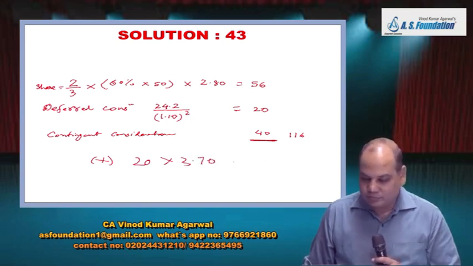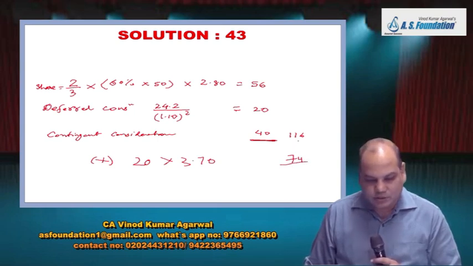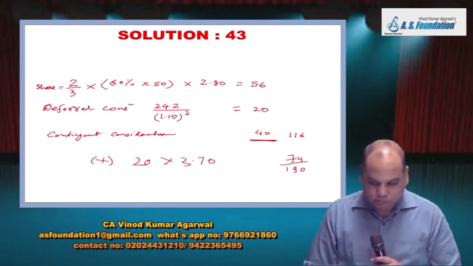Multiply to 74. This is the value for this company. So NCI plus parent company's consideration paid together is how much? 190. Right? So this will be required for goodwill calculation.